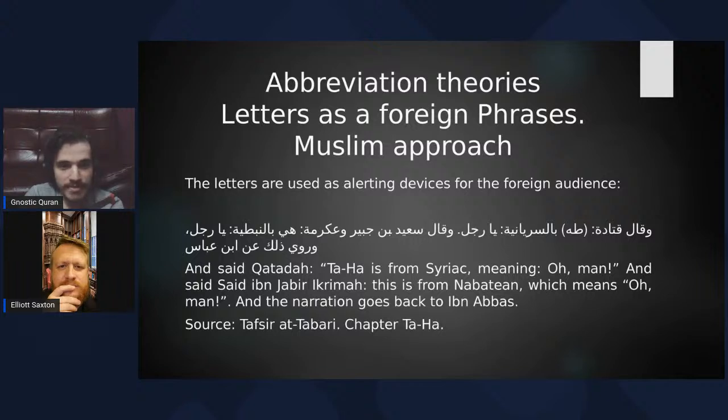There is a famous hadith tradition which goes to Ibn Abbas, where he states that Taha, that's one of the combinations, is from Syriac, meaning "old man," even though you won't find anything like that in Syriac literature.